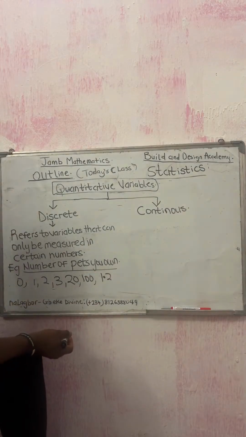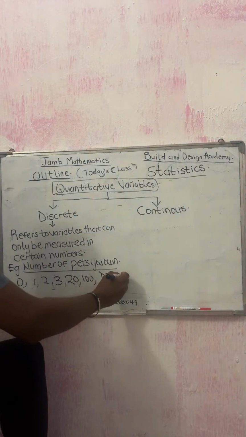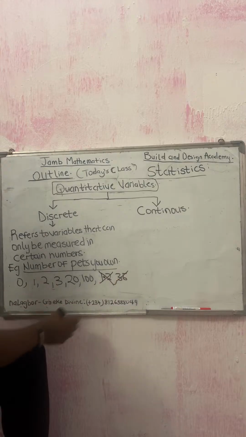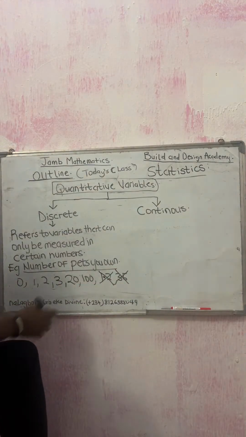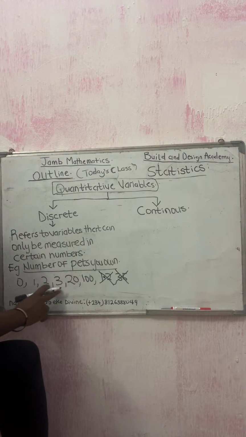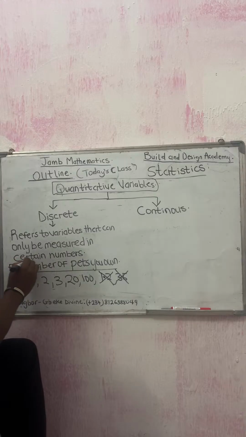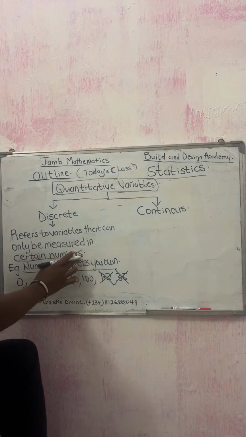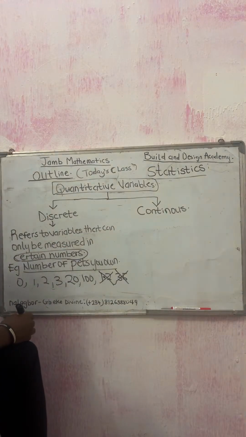You cannot own 3.5 pets, so you cannot own a pet in decimal form. This must be a whole number. Either you own 0 pets, or 1 pet, or 2 pets. So these are variables that are measured in certain numbers.